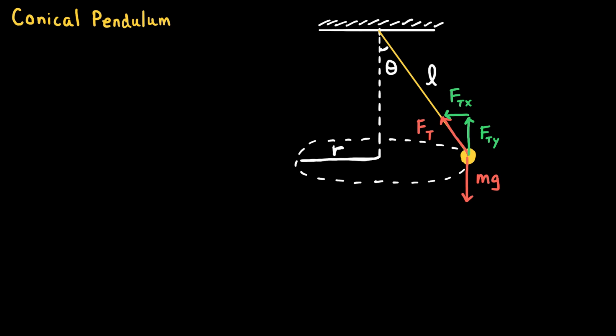What I notice immediately about this triangle is that this angle here is also theta. The two thetas that I have drawn in the diagram, the theta made by the string with the vertical and the theta in the tension force vector triangle, are alternate interior angles. For that reason, they are the same.